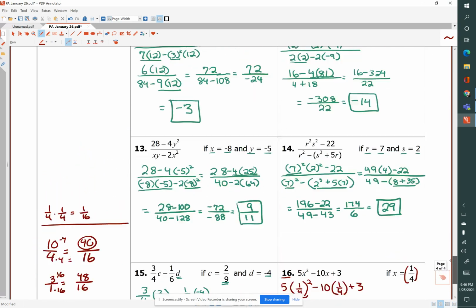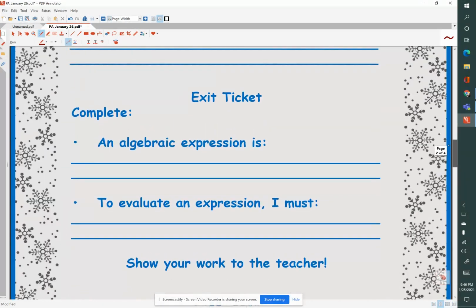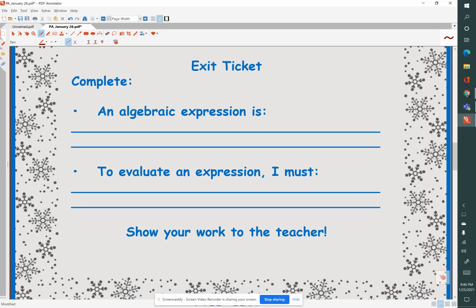So let's go back to our exit ticket and fill that out. Okay, so here we are. An algebraic expression is an expression that contains one or more variables.